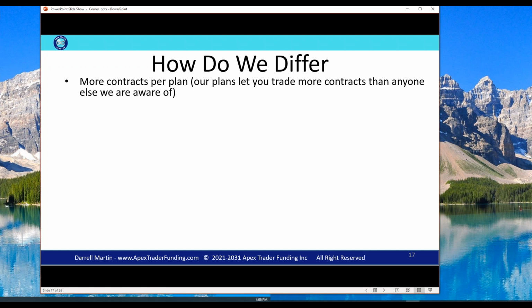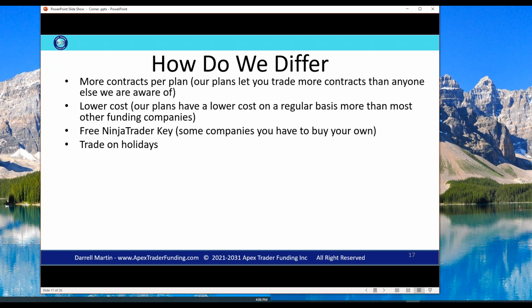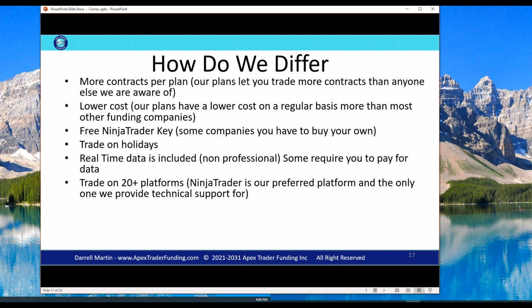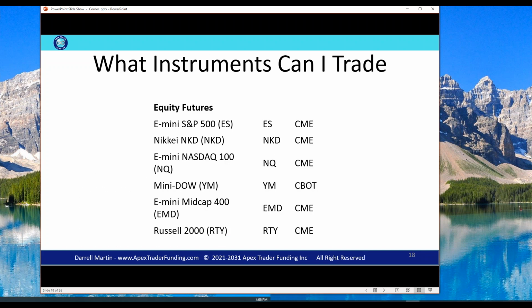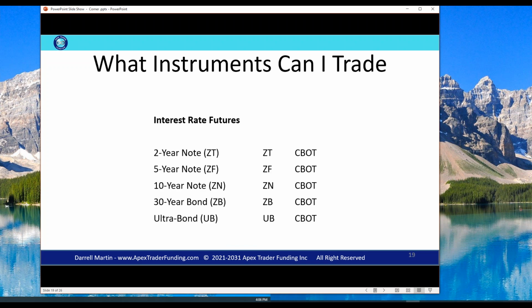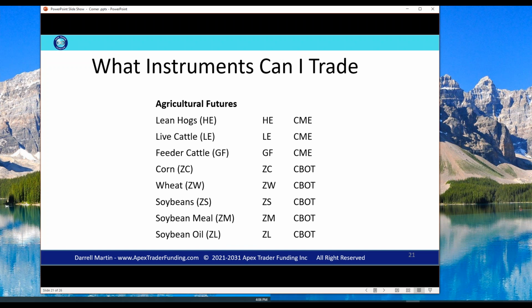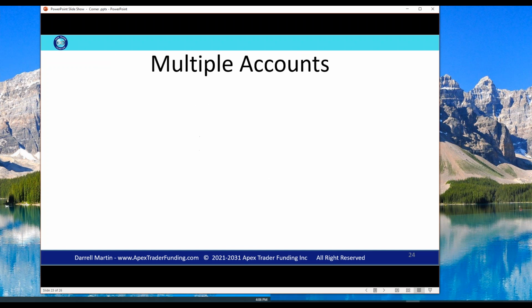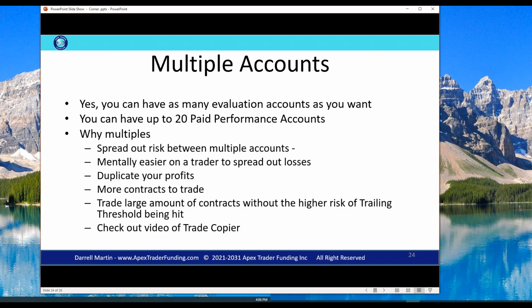We allow multiple accounts, which a lot don't. We provide the free NinjaTrader key. You can trade on holidays. What instruments can you trade? We've got all the different equity futures, the interest rate futures, energy, ags, and everything. Multiple accounts, just showed you there where you can watch the video on the trade copier to learn how to trade multiple accounts and learn why you would want to.